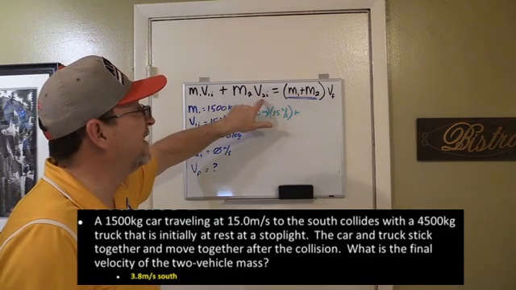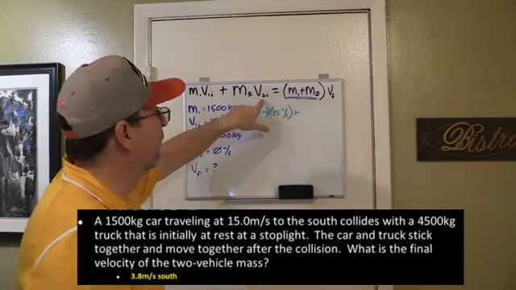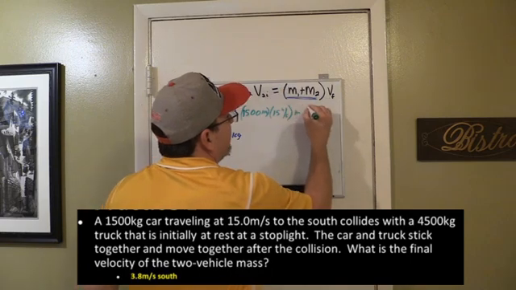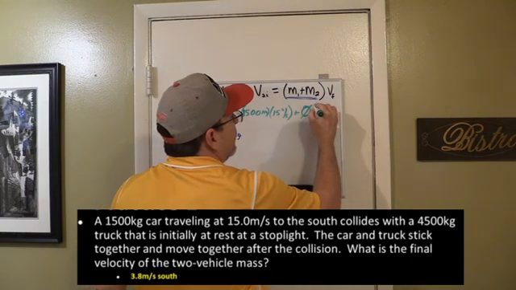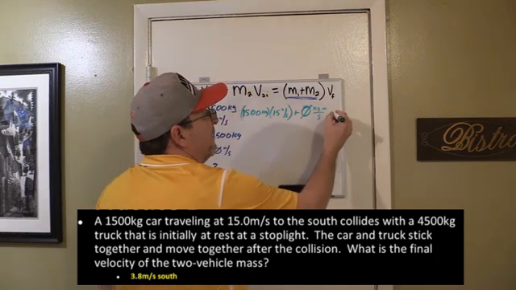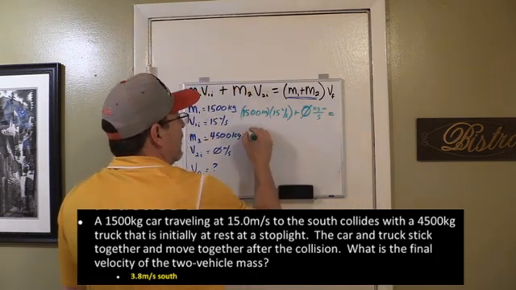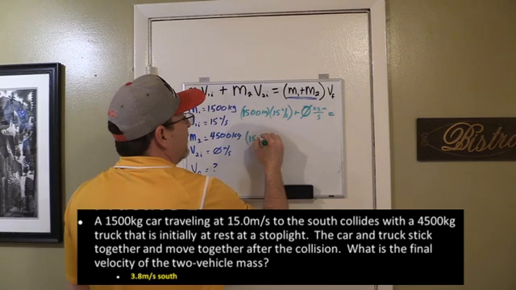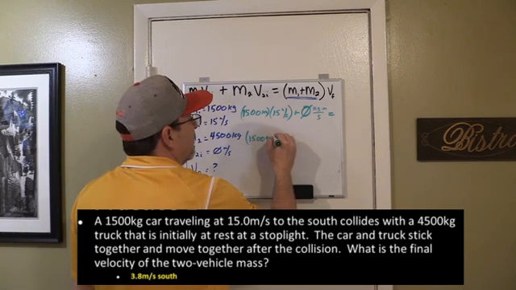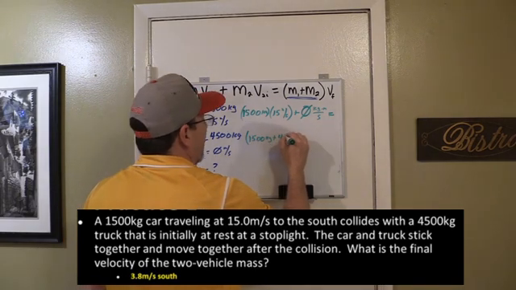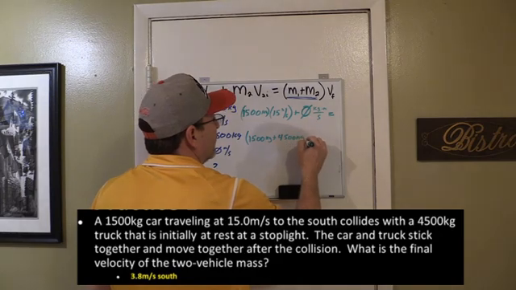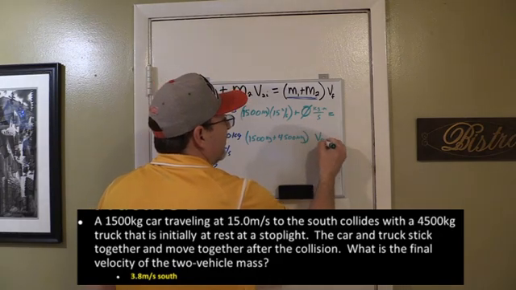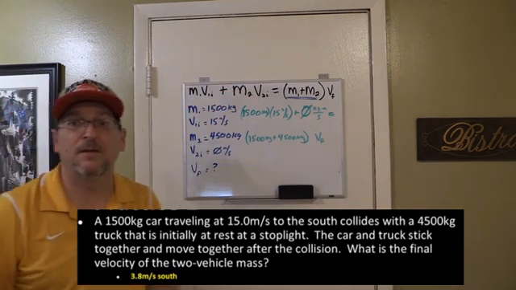That means velocity 2 is going to be 0. That means this entire term is going to be 0. Okay? And that's going to equal the mass, 1,500 kilograms, plus 4,500 kilograms, times velocity final. Okay?